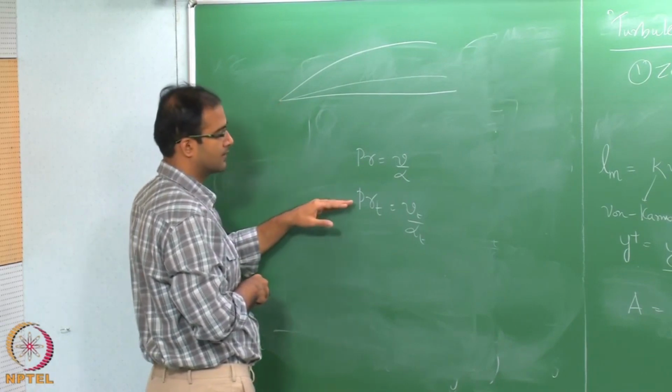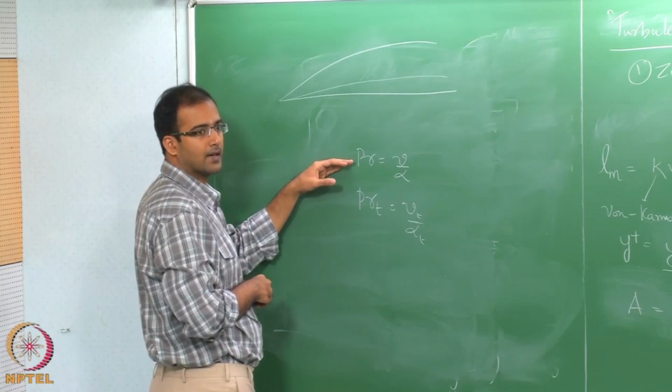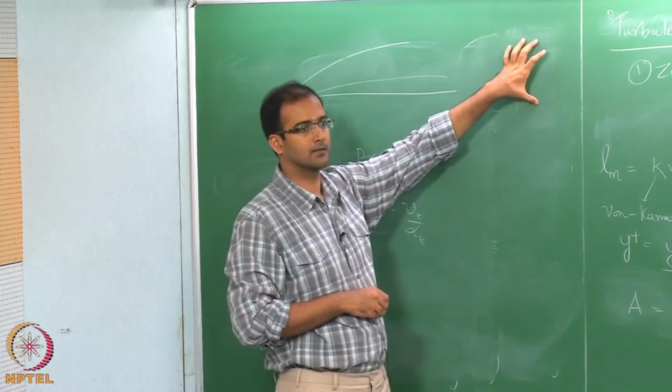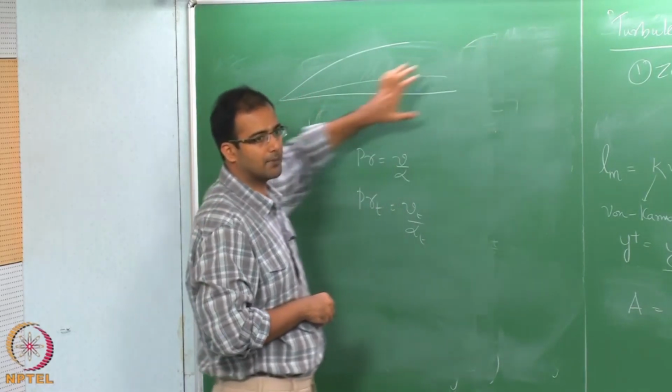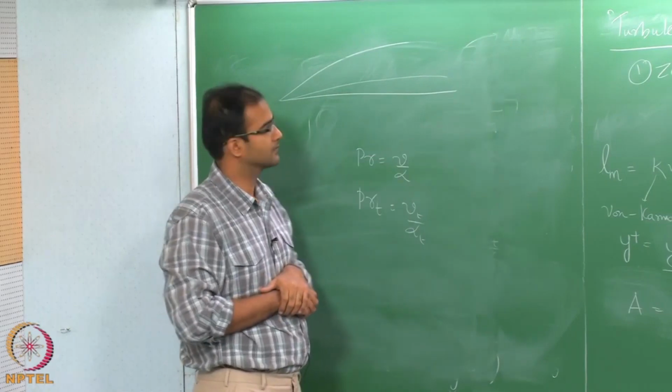Since turbulent diffusion is much higher than laminar diffusion, this will be the dominating pattern, and the laminar sublayer will be confined only close to the wall.